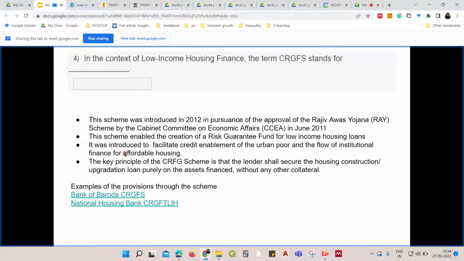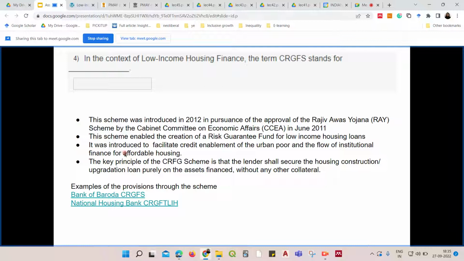So as you know, urban poor usually don't have large or valuable properties which can be given as collateral for availing loans for their housing, or development of their housing, or construction of their housing. So to facilitate that, this scheme was introduced.